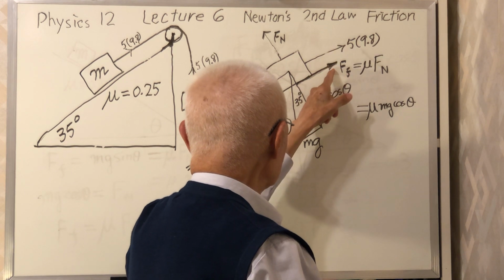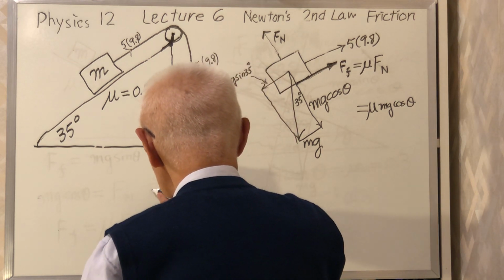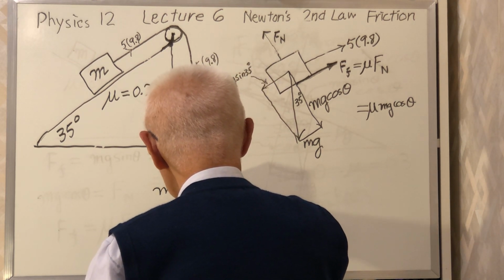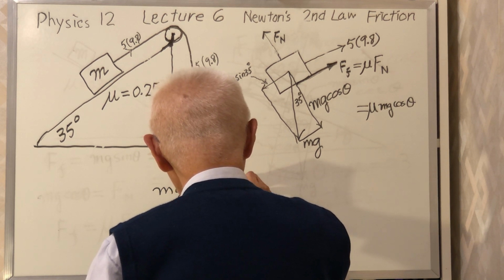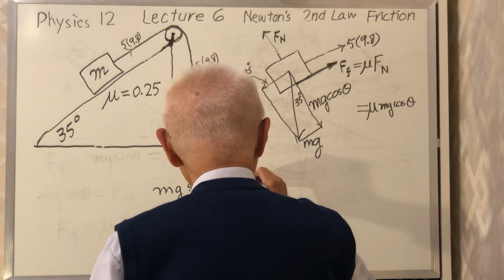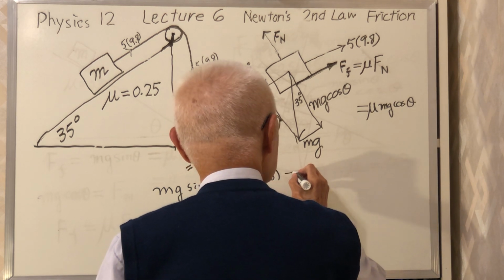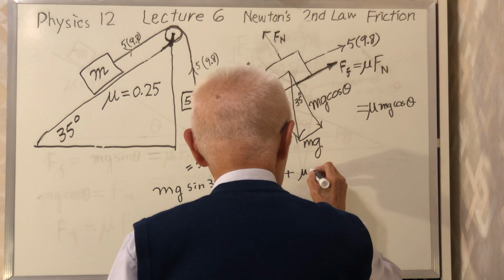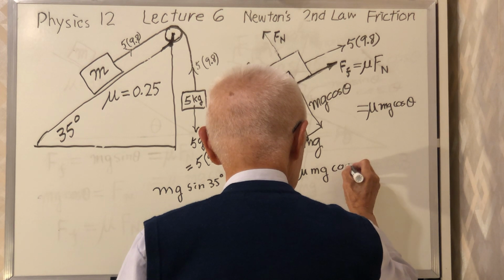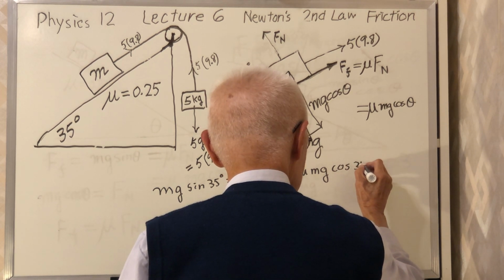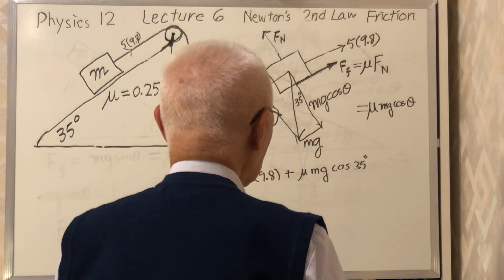So this plus that should cancel this. So I can write mg sine 35 is equal to 5 times 9.8 plus mu mg cosine theta, cosine 35.